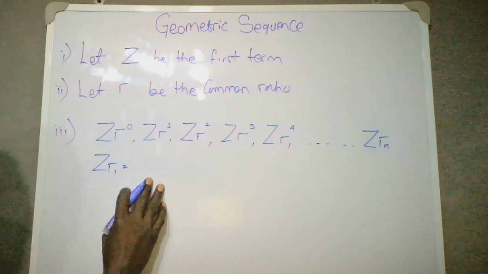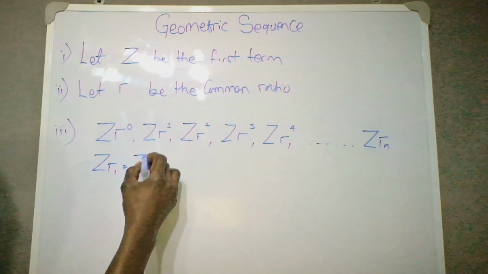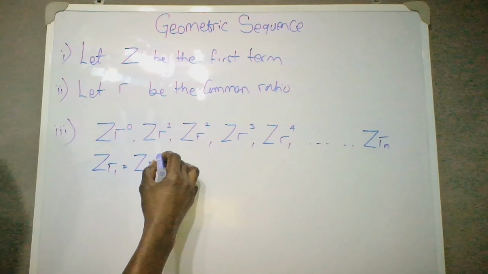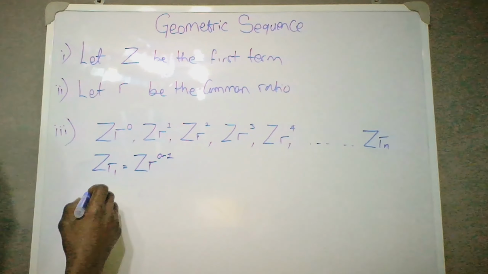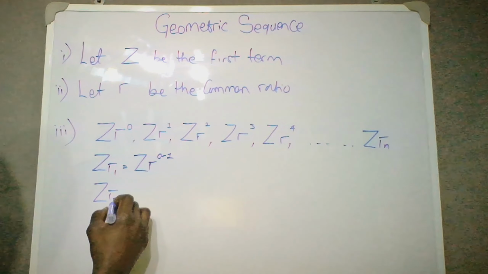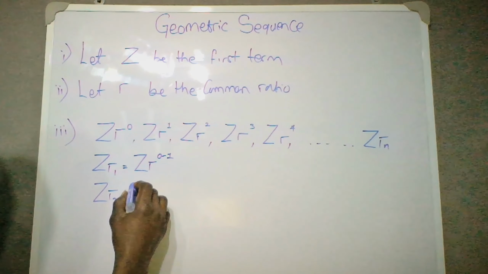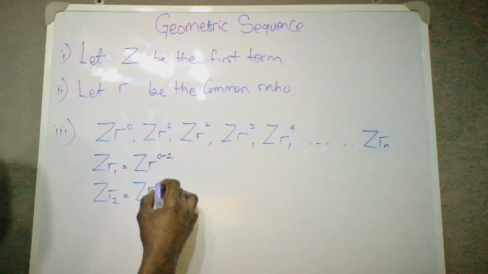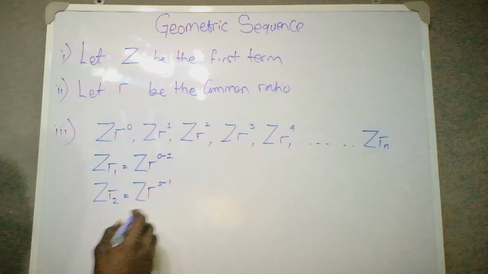So we can say ZR1 equals ZR, that's 0 minus 1. Then we have ZR2, which is ZR raised to power 2 minus 1.